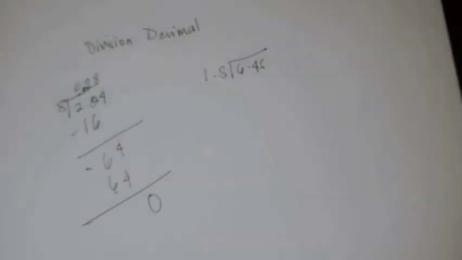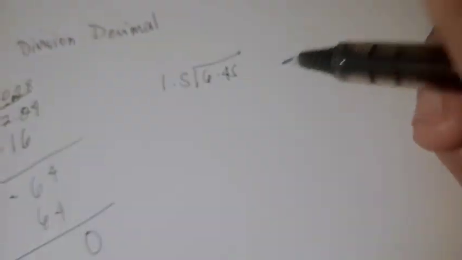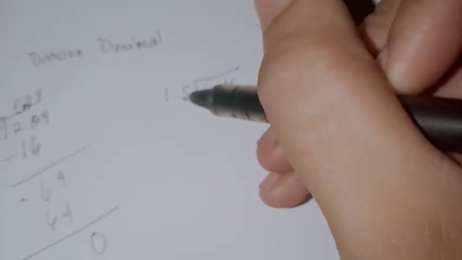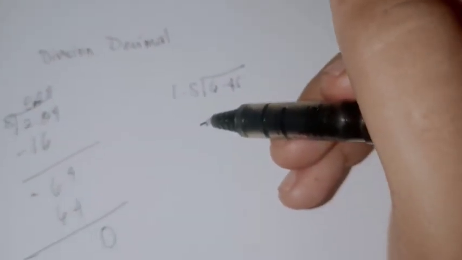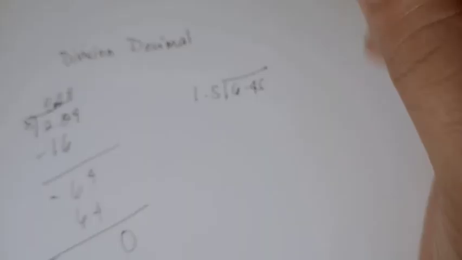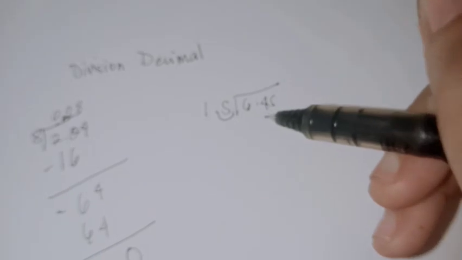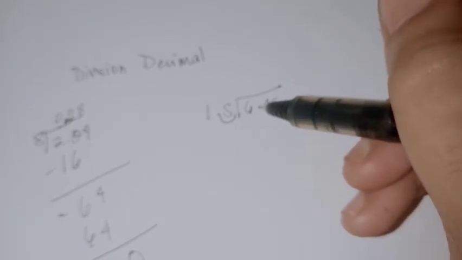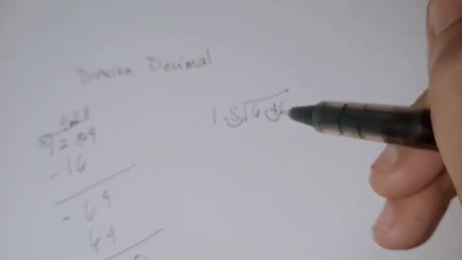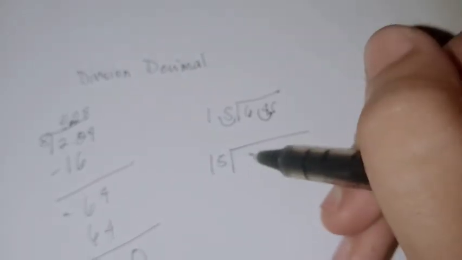So what we're going to do is move the decimal point to the right, so that we will get the whole number, 15.